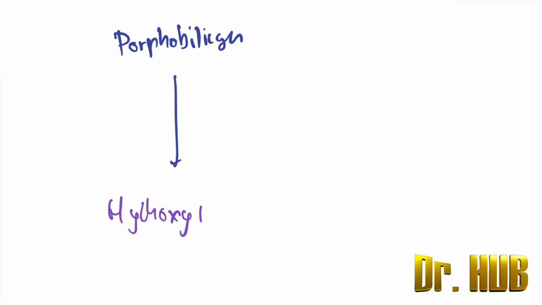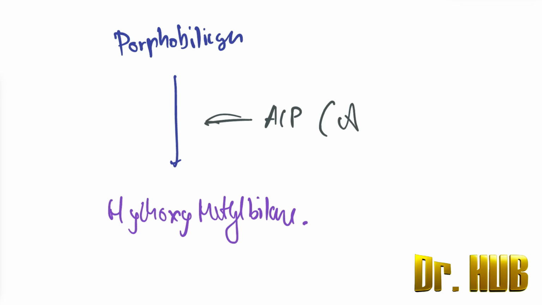Next, the porphobilinogen is converted to hydroxymethylbilane. Here there is AIP, which stands for acute intermittent porphyria.